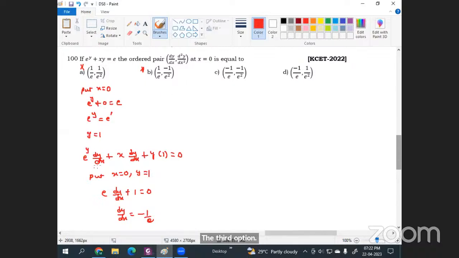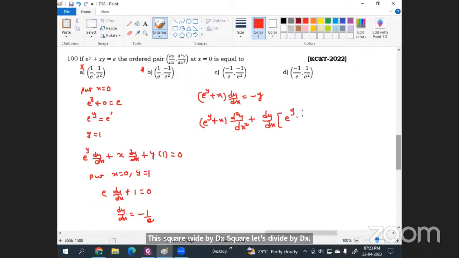Then I can go ahead with this, e power y plus x into dy by dx equal to minus y. Differentiate: d square y by dx square plus dy by dx into e power y into dy by dx plus 1 equal to minus dy by dx. Now I'll put x equal to 0, y equal to 1.